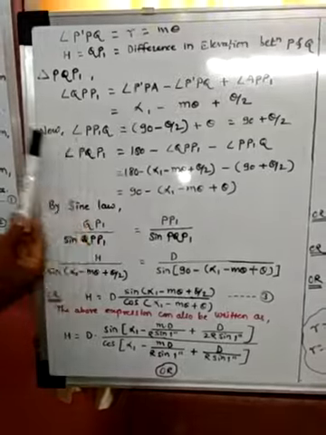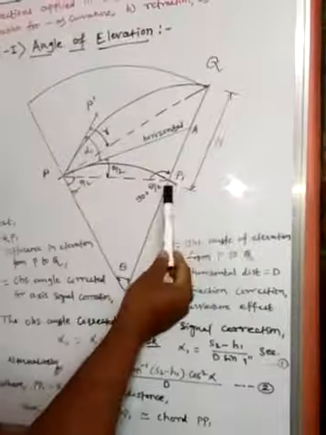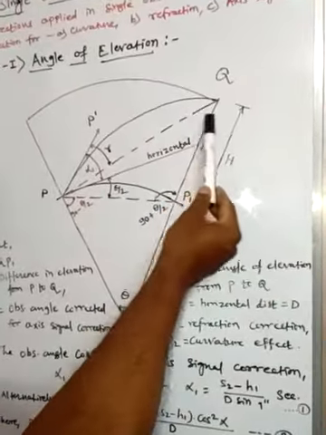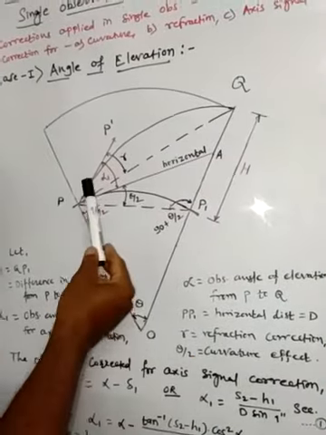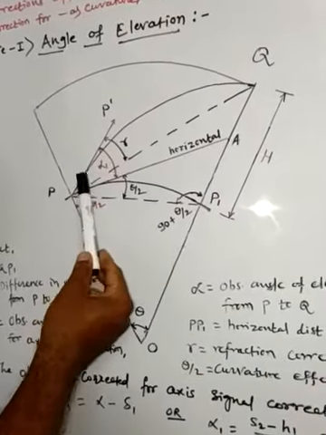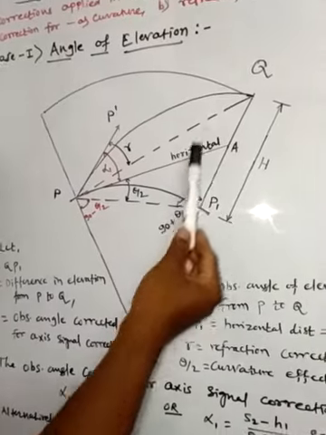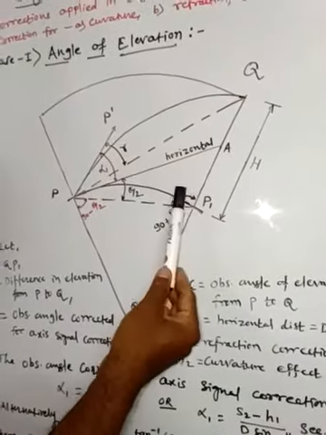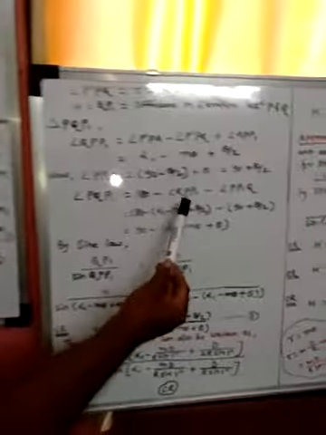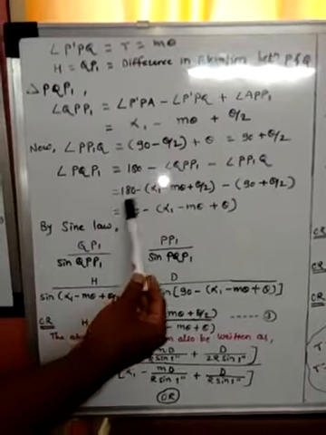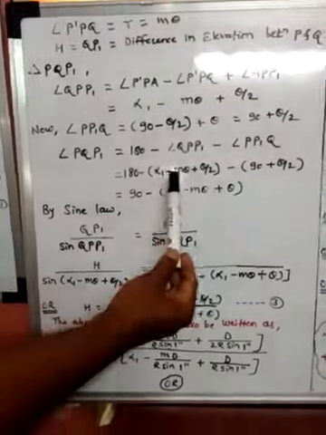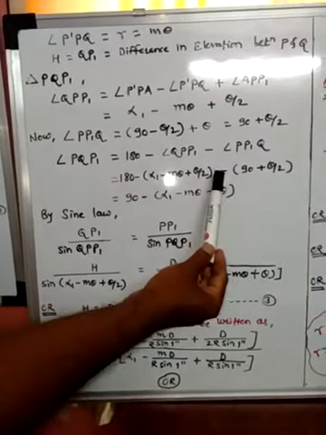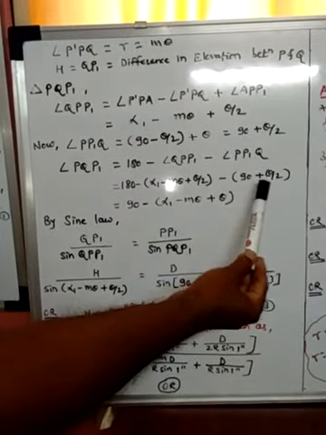Then the angle PQP1 is 180 minus both of these angles: 180 minus bracket alpha 1 minus m theta plus half theta, minus 90 plus half theta.